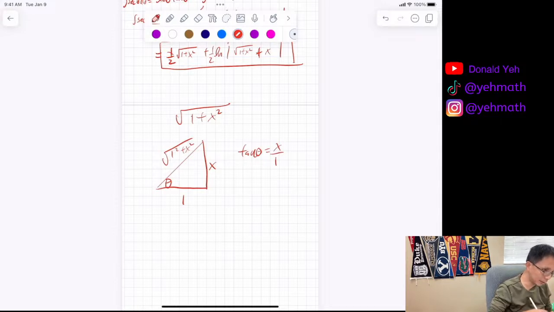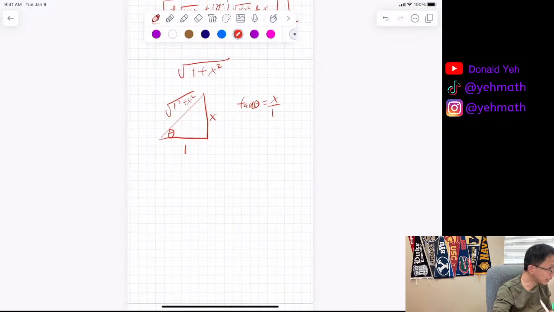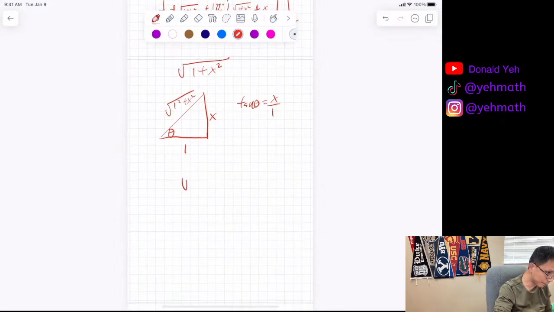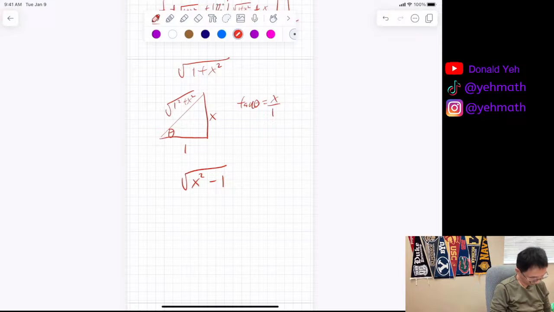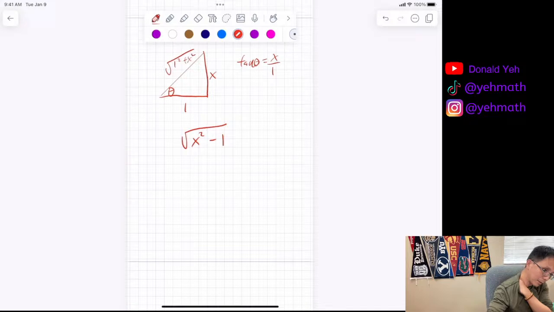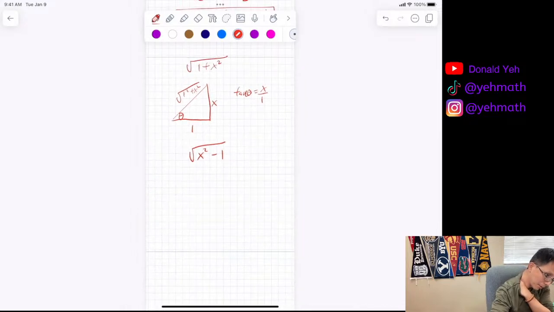The next one is going to be kind of hard because you have two cases. You have x squared minus 1. Also, you have 1 minus x squared. Now, this is the one where you have to think about what the triangle is supposed to be. So this is a triangle here.